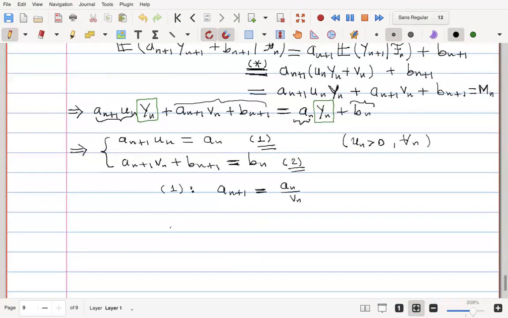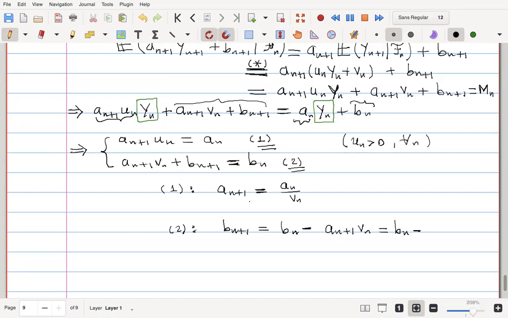So now what we want is b_n, right? And from 2, we have b_{n+1} is b_n minus, I take this to the other side, a_{n+1} times v_n. But that a_{n+1} is what we have found here on top. So we can see that it is equal to b_n minus, oh, that is interesting.